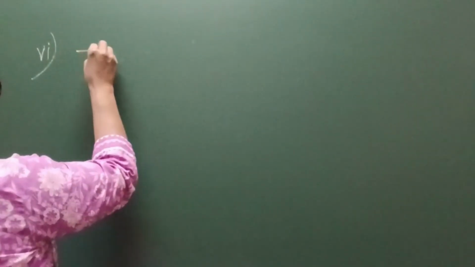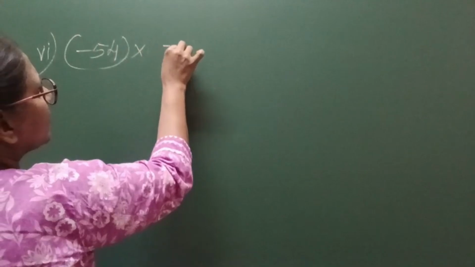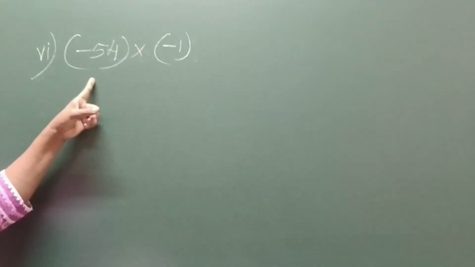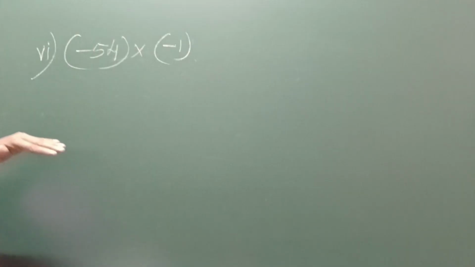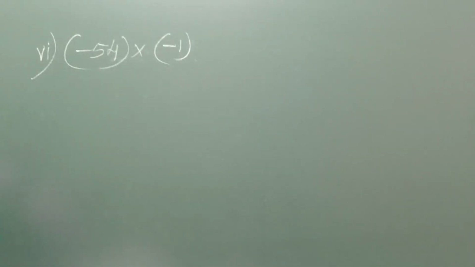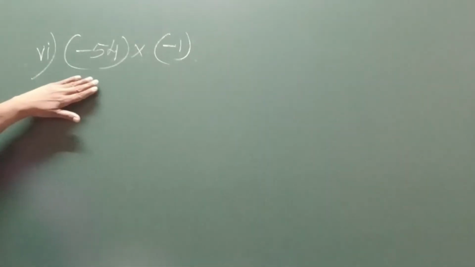Minus 54 into minus 1. We have already learned that any number multiplied by 1 gives the number itself.